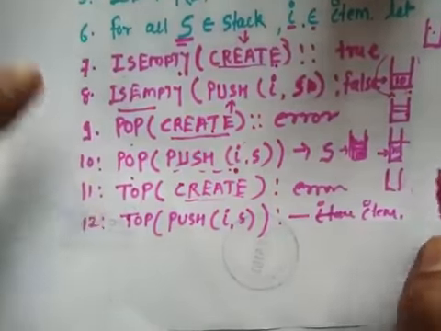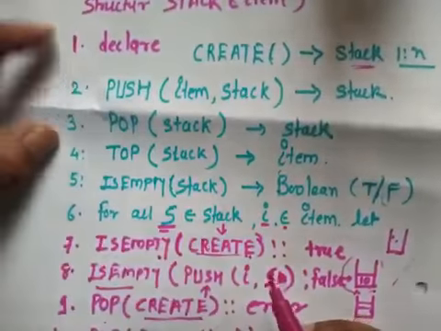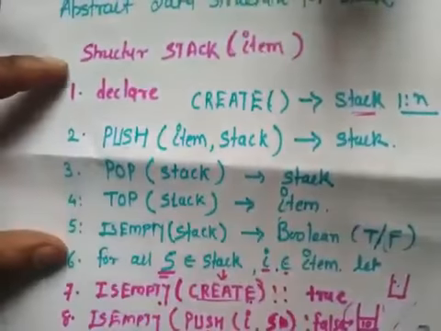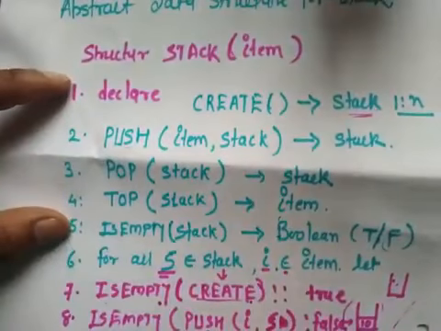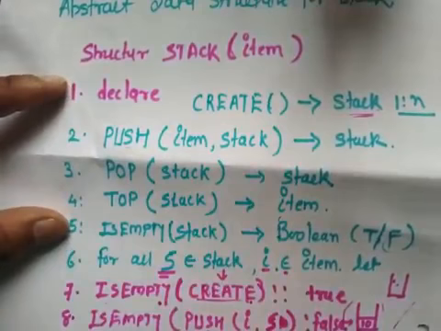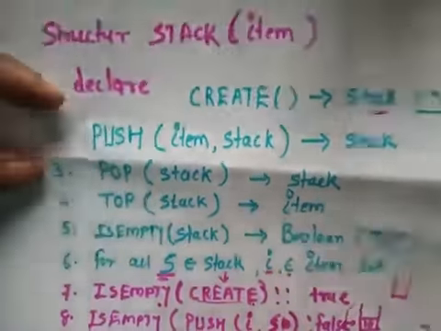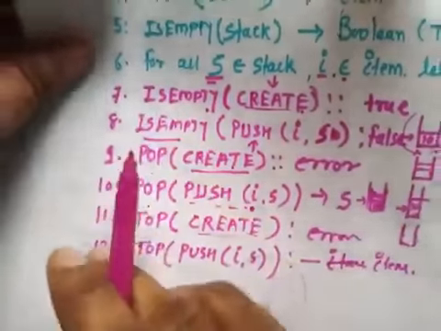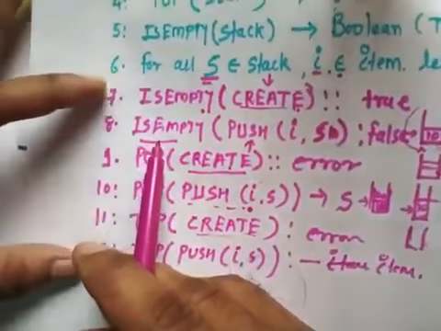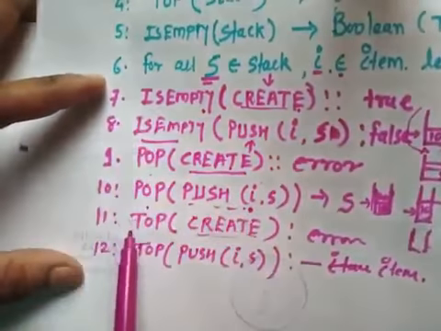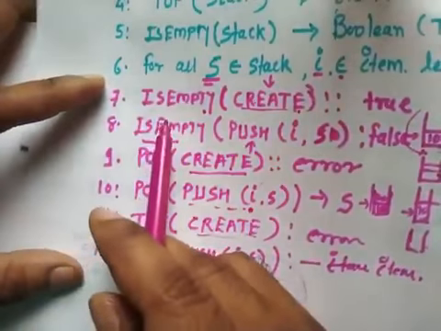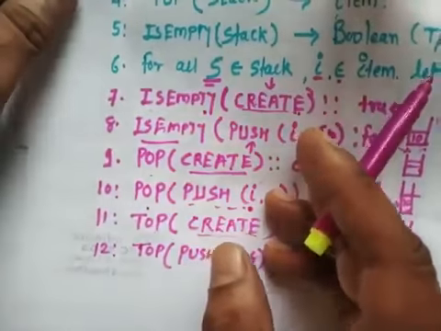So these are the operations we are going to perform: 1 to 5 are the basic operations of the stack, and we define rules or axioms for these five operations.